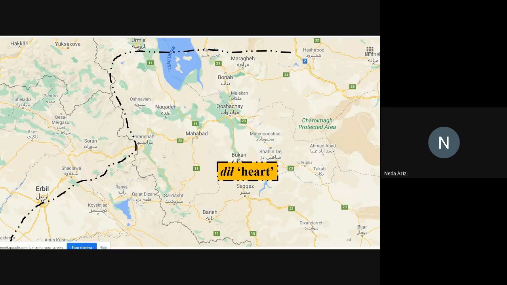As an example, here we see dil, which means heart. In Persian, it is qalb. I think most of you have heard about qalb. And dil is one of the common forms. As you see, the isogloss shows a wide area pronouncing the dark L form.